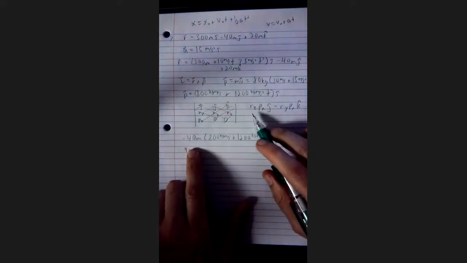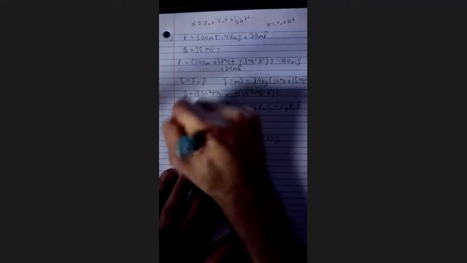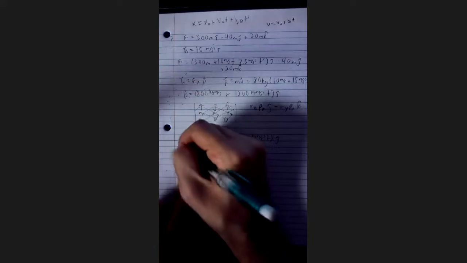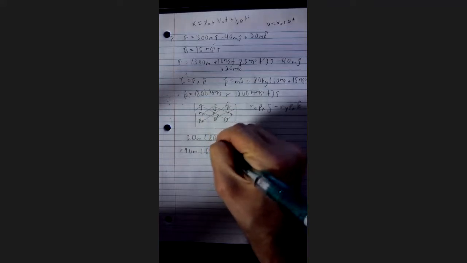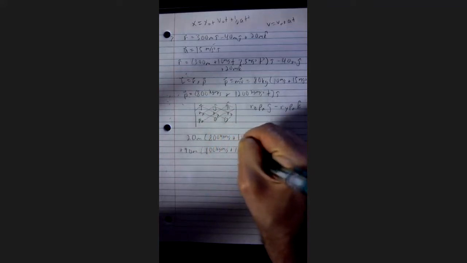Did I do this wrong? Oh, I did this part wrong. I was supposed to do the z part of the position, but I did the y part. The z part was 20 meters. But here we have 40 meters times the x part of our momentum, which is our whole momentum. And that's in the z direction.